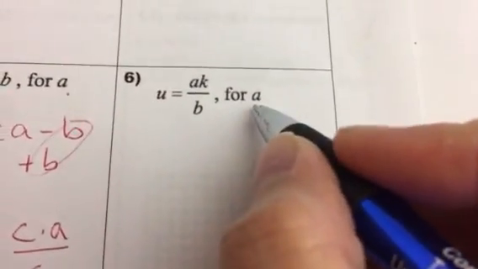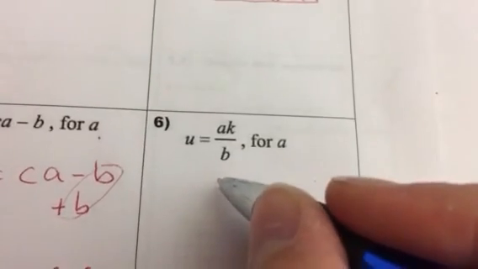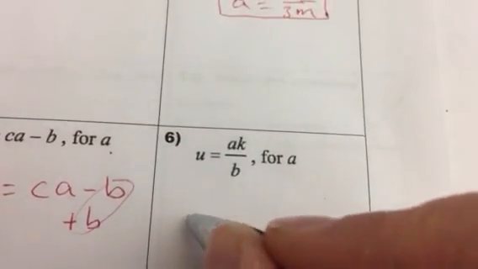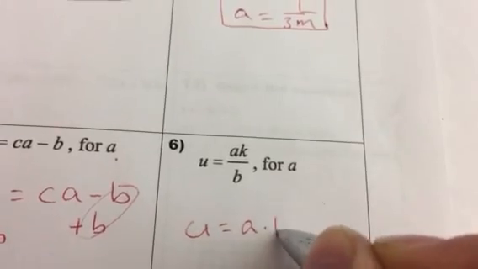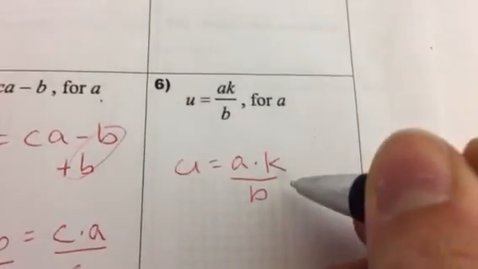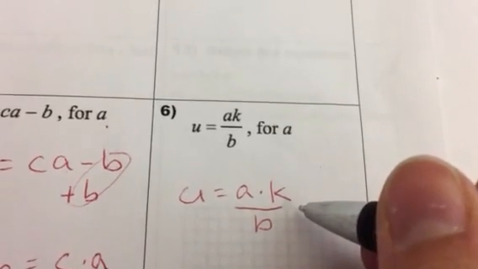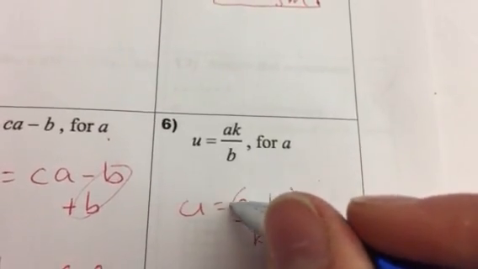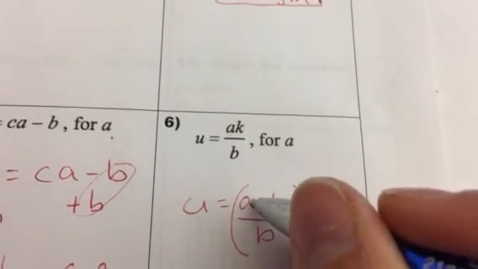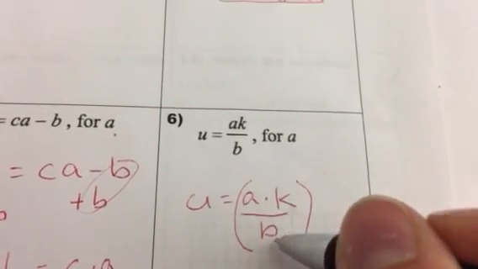Okay, here I'm solving for a. So this is like saying u is equal to a times k over b. And I could do this in 2 steps, or I could do this in 1 step. I want to show you the 1-step version. So I just want that variable, so what I don't want is k over b.